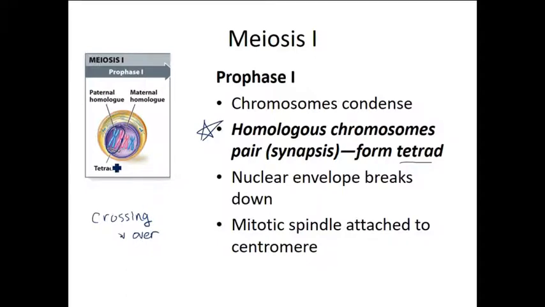Crossing over is the process of exchanging DNA between the tips of the maternal and paternal homologous chromosomes. It increases genetic diversity as well. Anyways, then you get these spindle fibers attaching to the centromere. It's going to move each pair of homologous chromosomes as a unit.